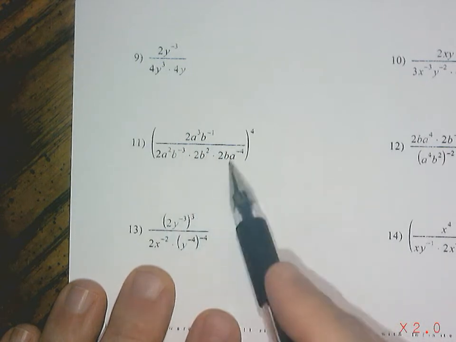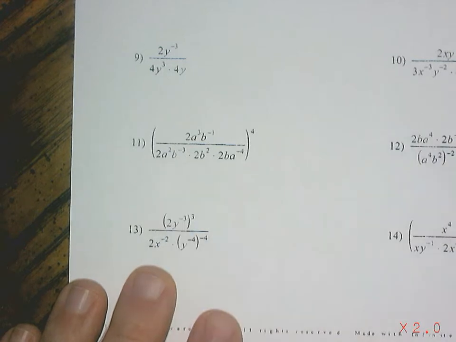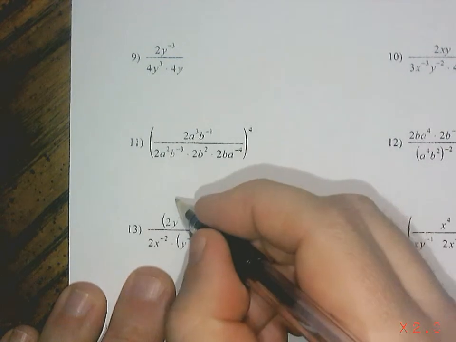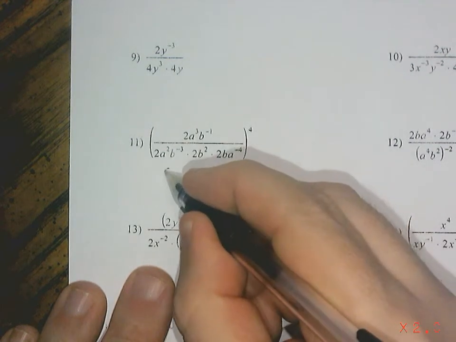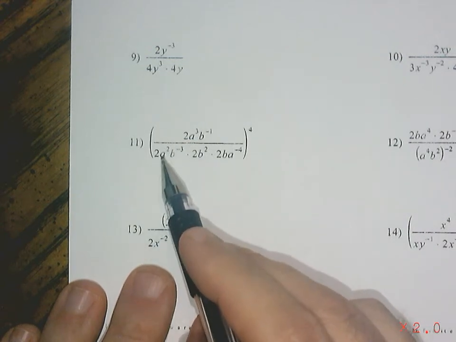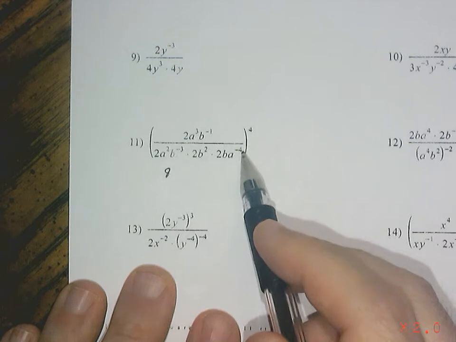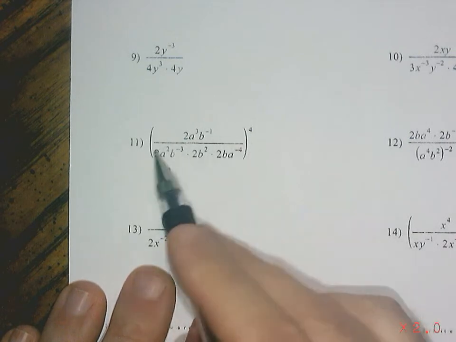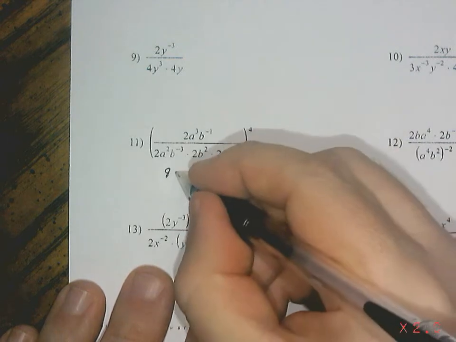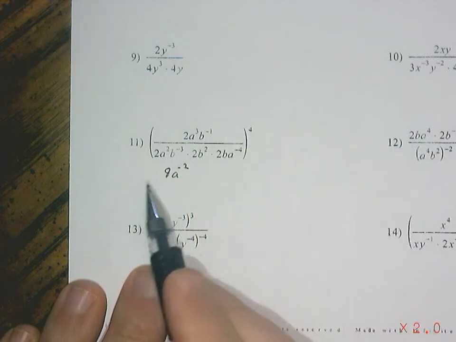When I multiply, again, it's just like multiplying your like terms. So these constants in front would all multiply. So 2 times 2 times 2 would be 8. I'm just going to rewrite this because it's the only one I'm changing. 8, and then a squared and a to the negative 4th. If I'm adding those together, because that's multiplying, 2 plus negative 4 would be negative 2. So a to the negative 2.